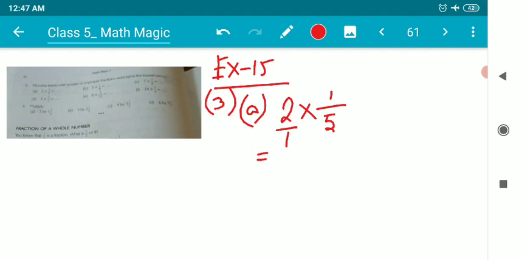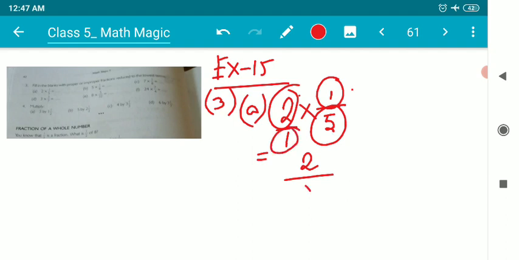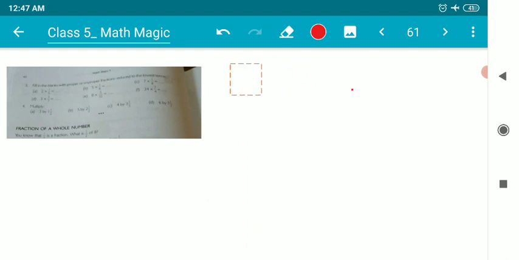So 2 is a numerator, 1 is a numerator. Multiplying 2 and 1, the result is 2. 2 ones are 2, divided by the denominators 5 and 1; 5 ones are 5. So the product of 2 and 1 by 5 can be expressed as 2 by 5. Alright, children, I hope it's clear. Let us try the next question.